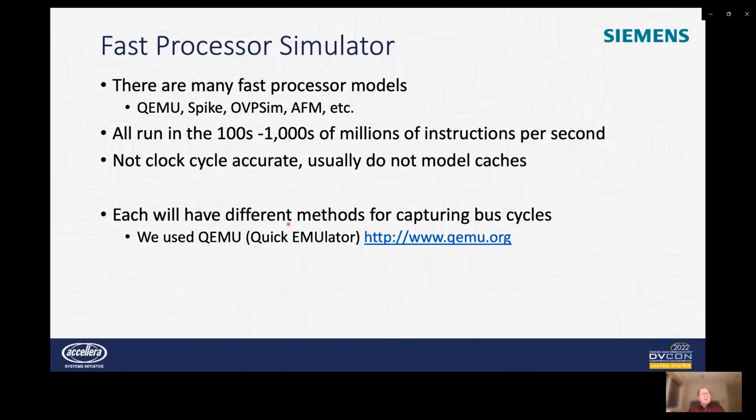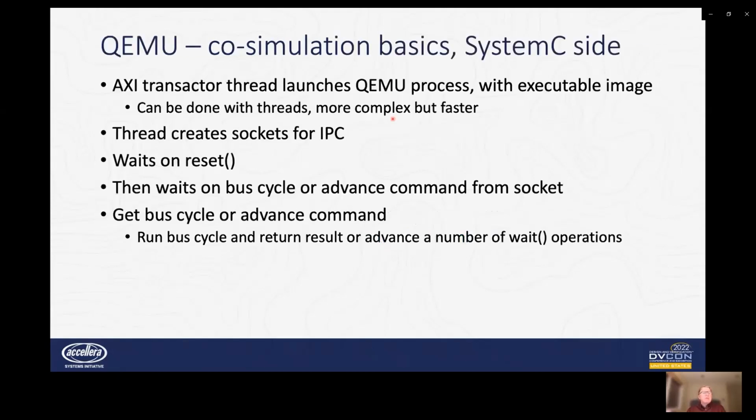Now, each of these different simulators is going to have a different method for capturing bus cycles. We used QEMU, which can be referenced here, and so the methods that I'm going to describe fit that. If you're using a different simulator, you'd have to just go ahead and use a different set of methods. Check with your vendor to see how it works.